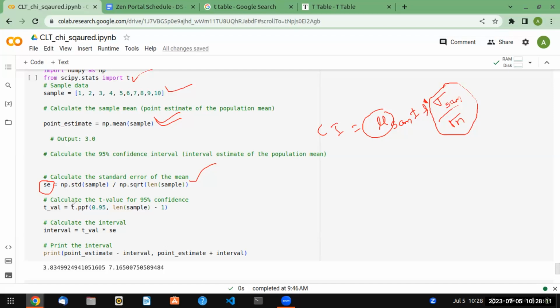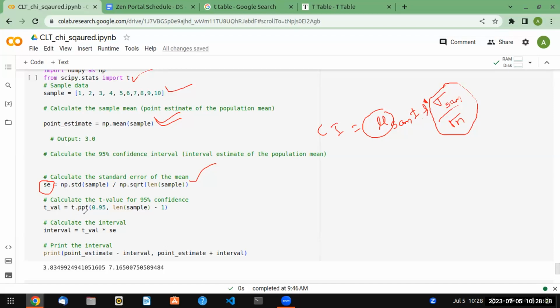Then t.ppf function to calculate what? This t star, that is the critical value.